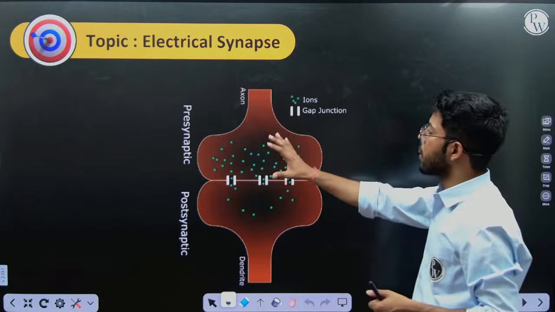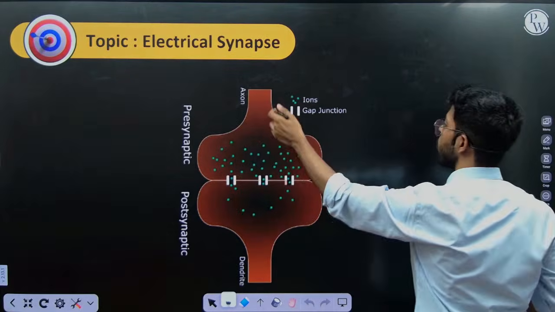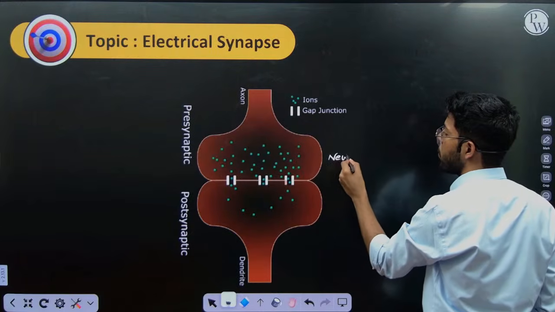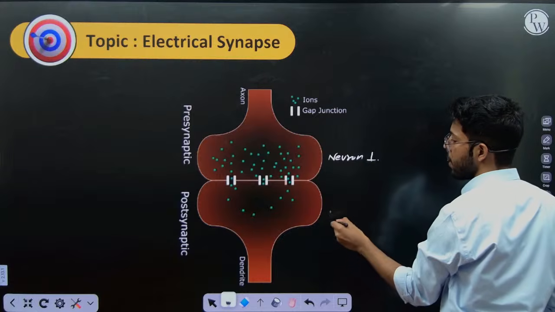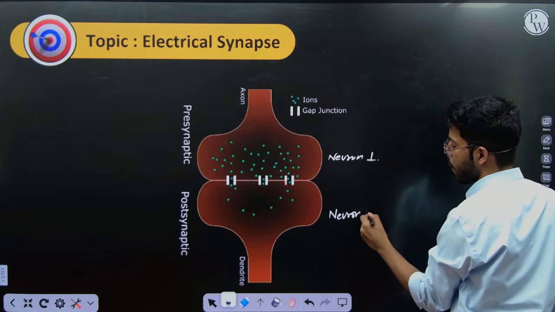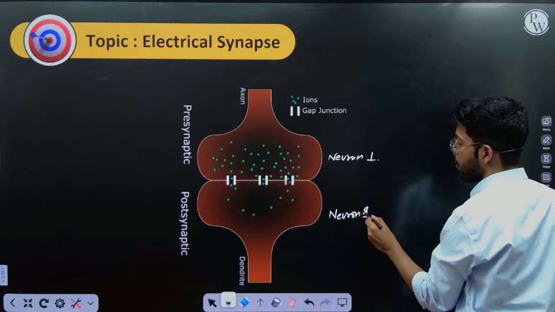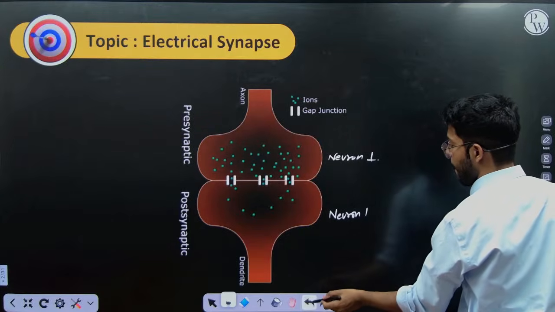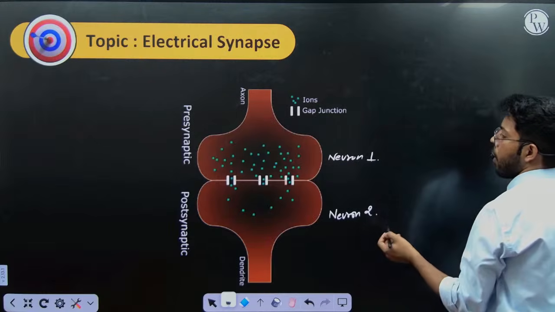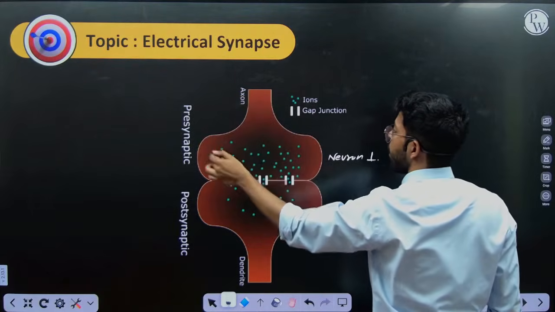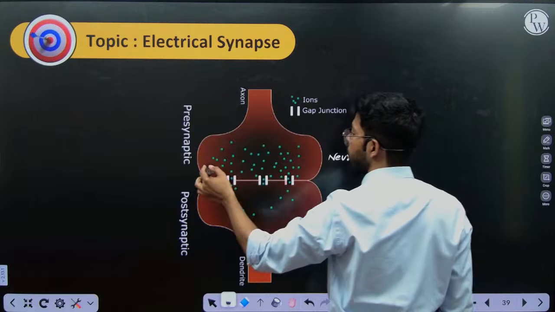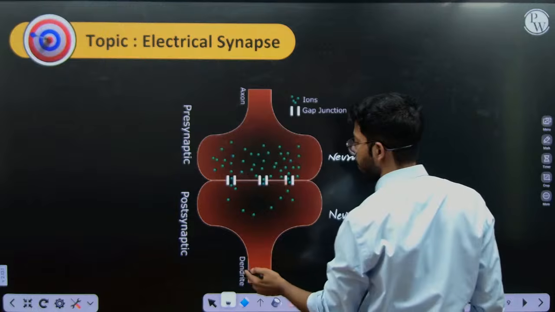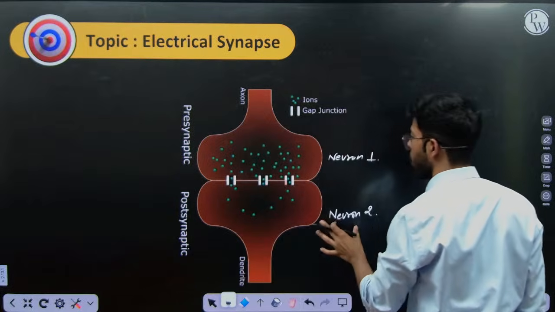You can see in this figure the electrical synapse. The ions move from one neuron to the other. This is neuron 1, and this is neuron 2. Now, this is the synaptic knob, and this is the dendrite of the next neuron, neuron 2, or nerve cell 2.